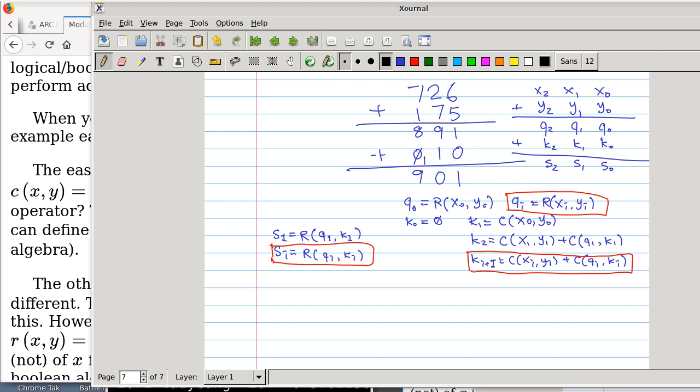If you think about base 10, if xi is 1 and yi is 1, the R is going to return a 2, because 2 is one of the digits that you can use in base 10. But what happens when we're dealing with base 2? The R of 1 and 1 is going to be a 0, because the quantity of 2 cannot be represented by a single digit in base 2.